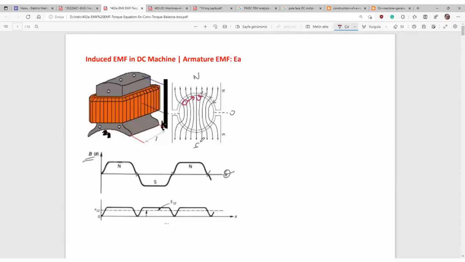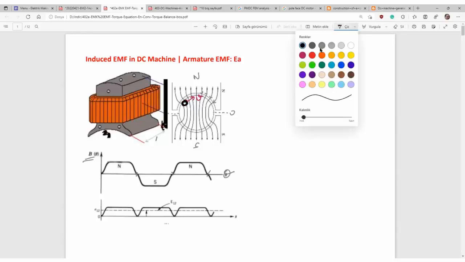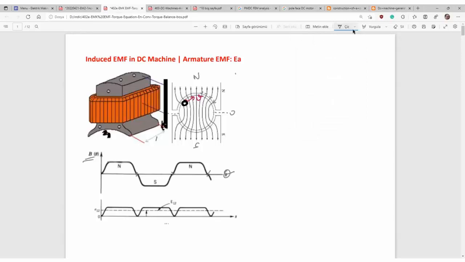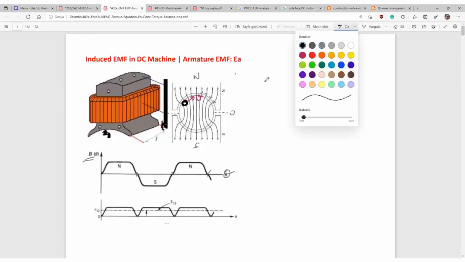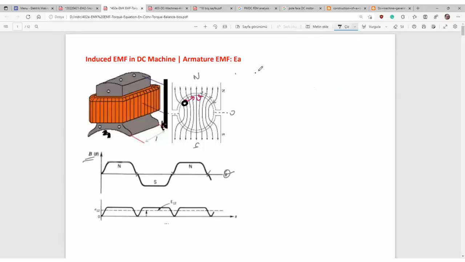And what will happen? Here is a conductor. Let me change its color. Here is the conductor, and we apply a rotation to this conductor under such a magnetic field. What will happen? You should remember Faraday's law, the EMF equation, which is E equals BLV.